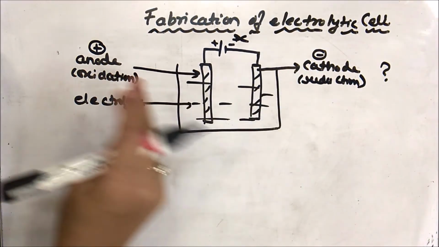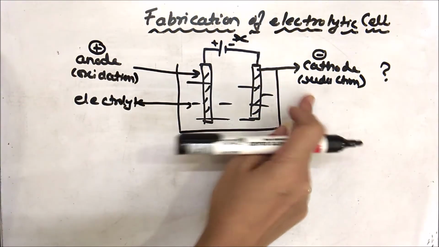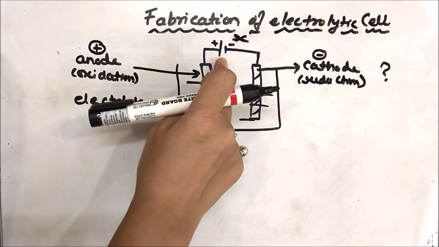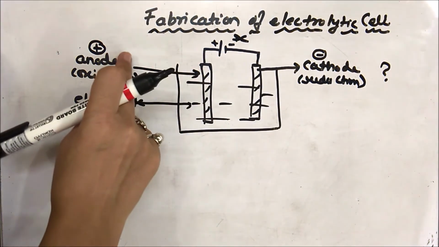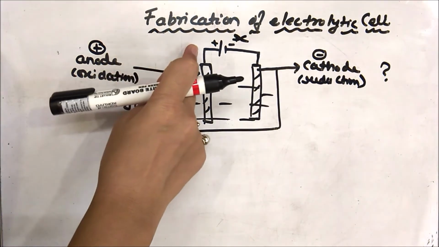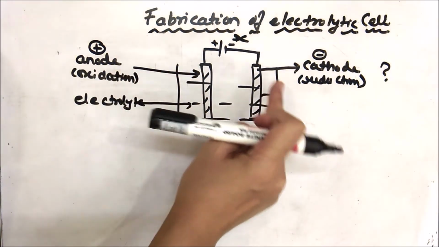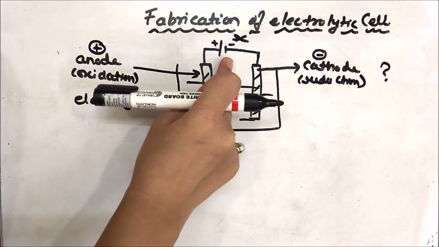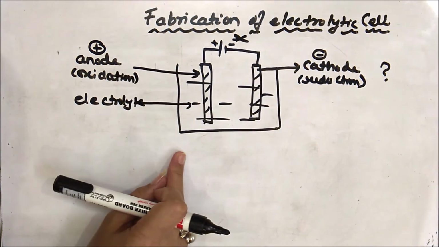Now the question arises, why is the anode positive and the cathode negative? The reason is that the battery decides the charge of that particular electrode. The anode is connected to the positive side of the battery, therefore it is positively charged, and the cathode is connected to the negative part of the battery, so the cathode is negatively charged.